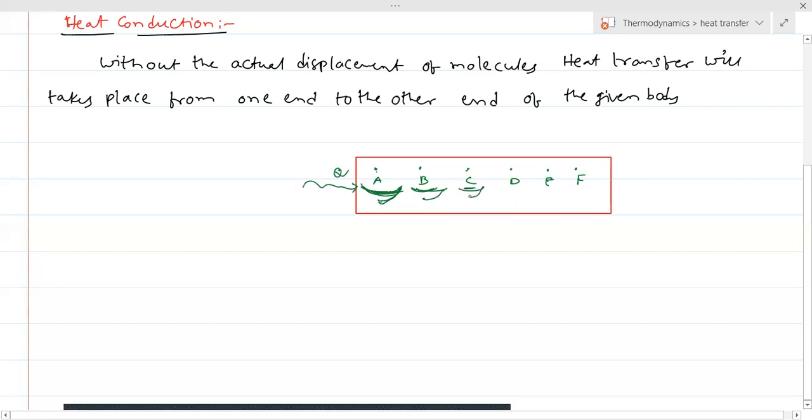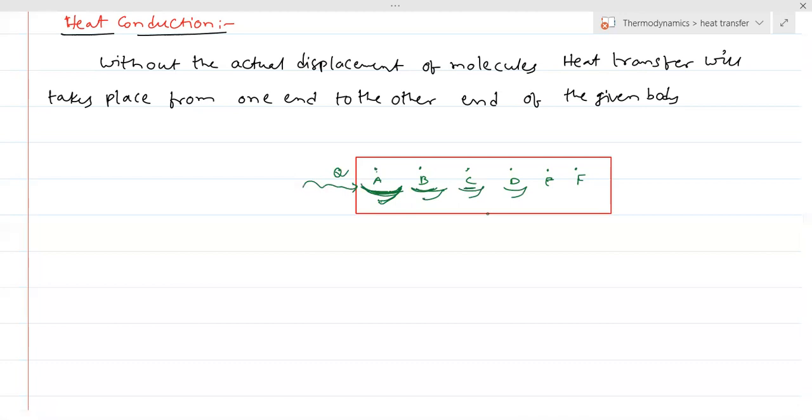After absorbing the energy from A, B again undergoes vibration, shifts the energy to the neighboring molecule C, and comes back to its original position. The same story continues. Until the heat energy is shifted to the neighboring molecule, the molecules undergo some kind of vibration, and after shifting the energy, they return to their original position.